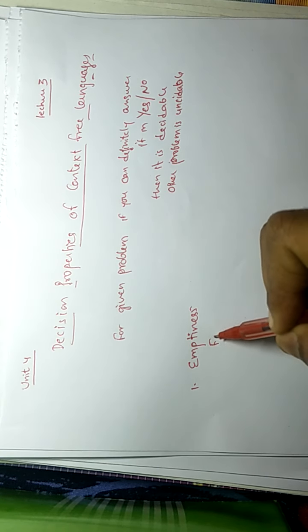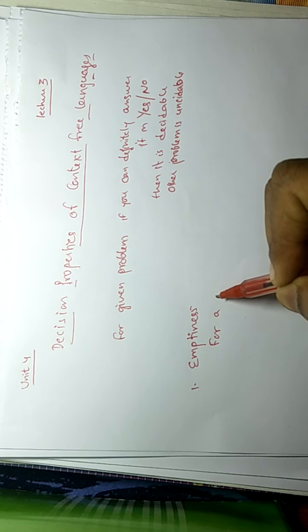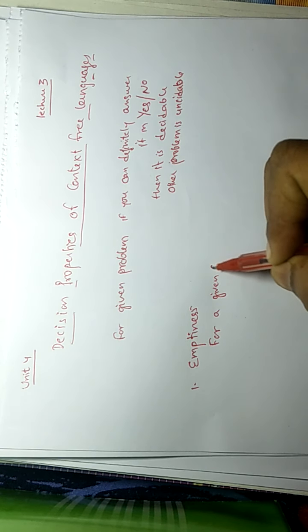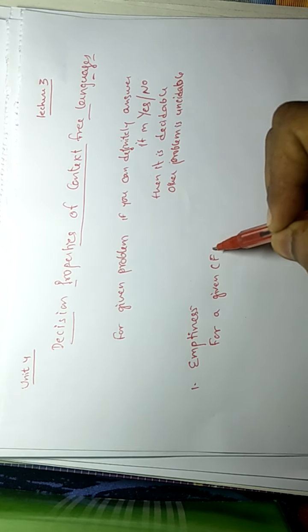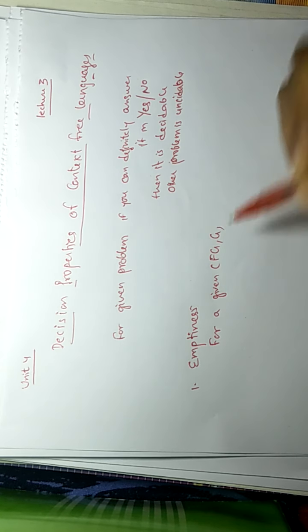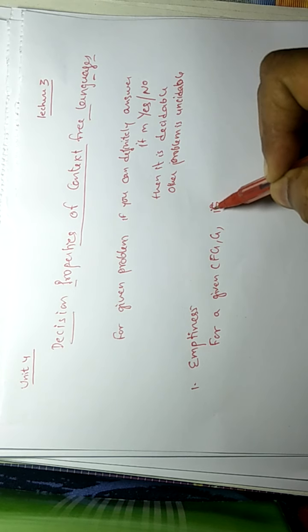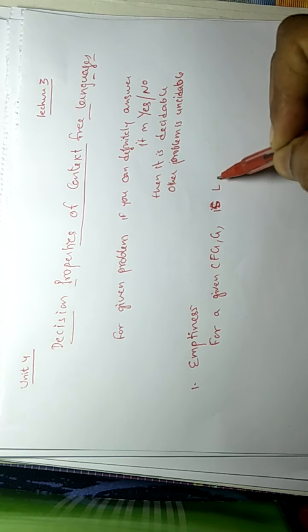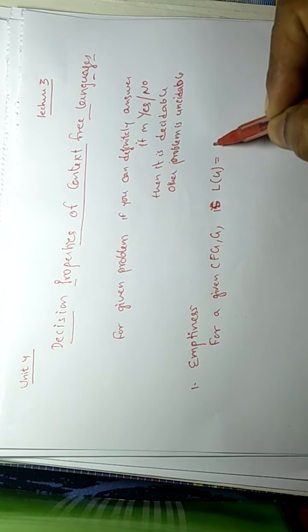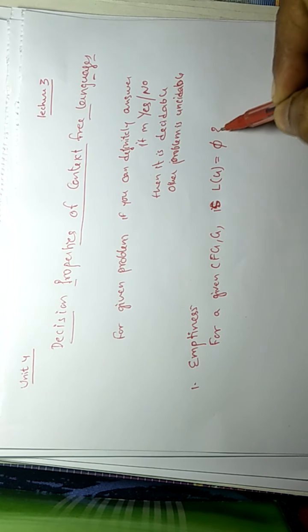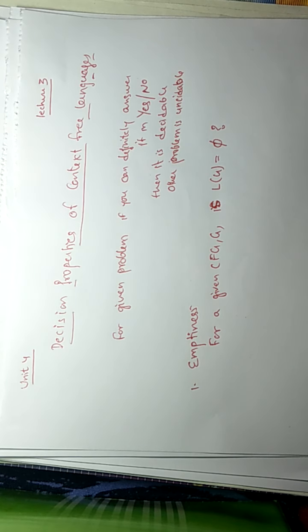The problem is that for a given CFG, say G, is L of G equal to empty. So you have to check whether a grammar is generating something or it is generating nothing. Can you give the answer for it?